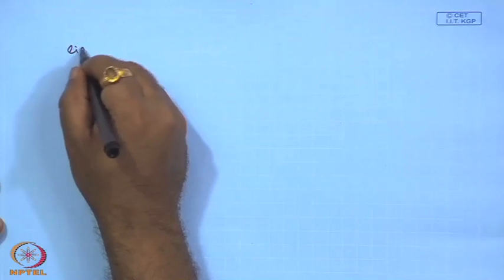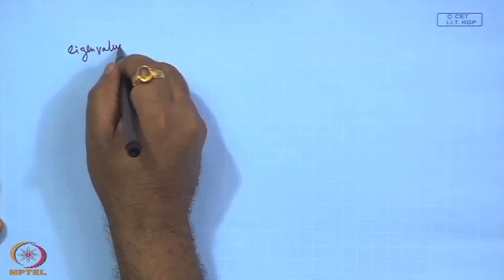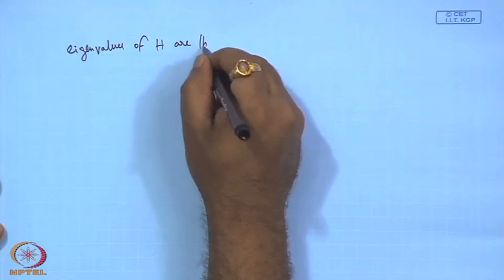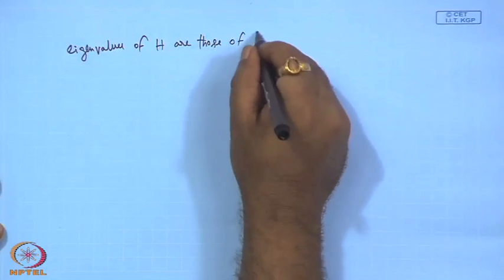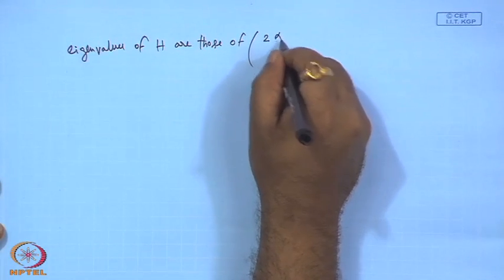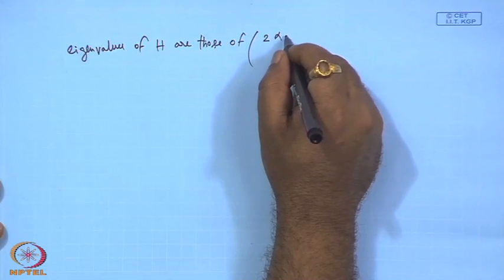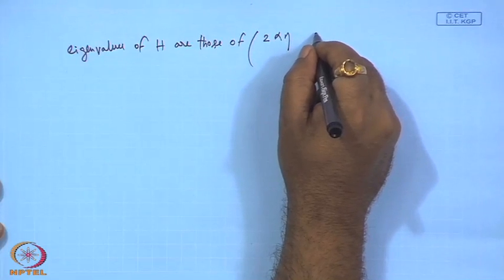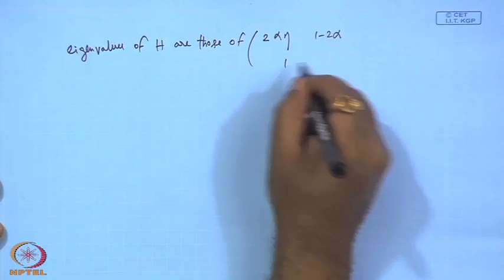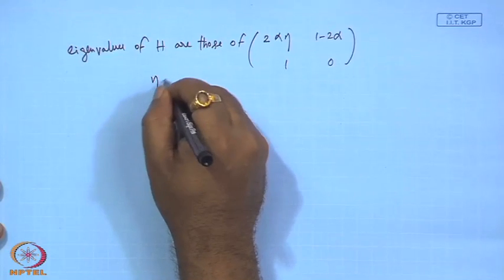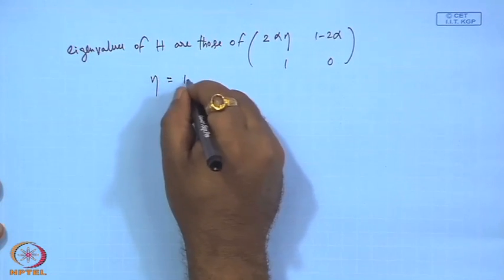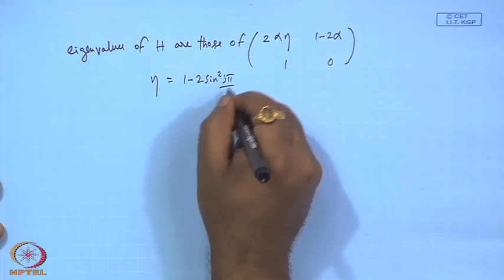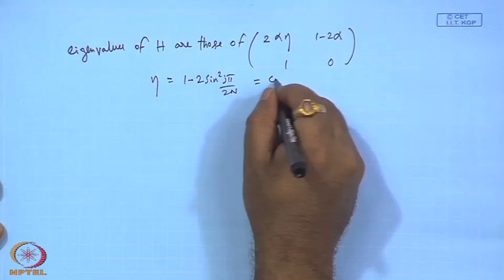So, eigenvalues of H are those of two alpha eta, 1 minus 2 alpha 1 0, where eta is 1 minus 2 sine square, so this is cos.